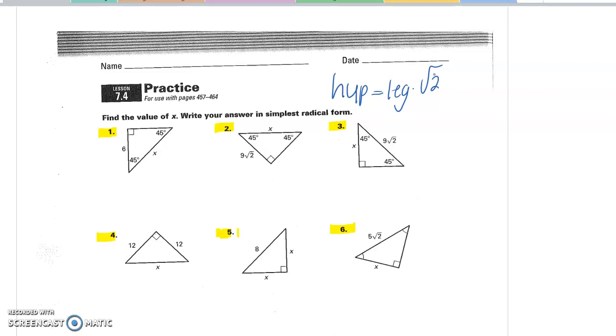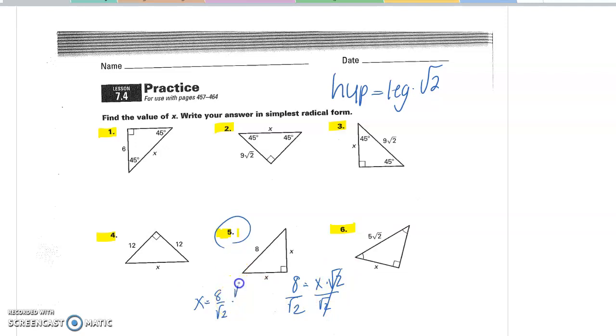For example, I'm going to do number 5, because that's going to be one of your trickier ones. 8 in the problem is the hypotenuse, so I'm going to put 8 equals x times root 2 because x is the leg. This is the one where I divide by root 2, and I get x equals 8 over root 2.